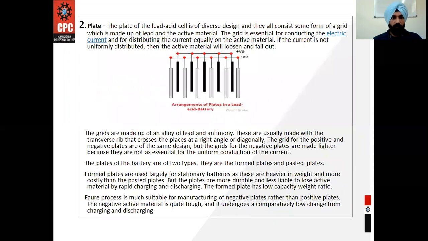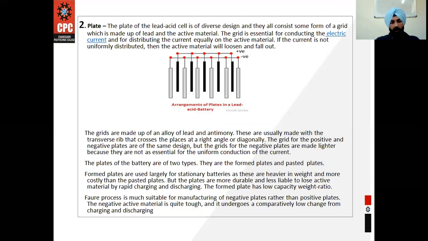Next is the plate. The plate of a lead acid cell is of diverse design, as they consist of a grid which is made up of lead and active material. The grid conducts the electric current and distributes the current equally on the active material. If the current is not uniformly distributed, then the active material will loosen and fall out.